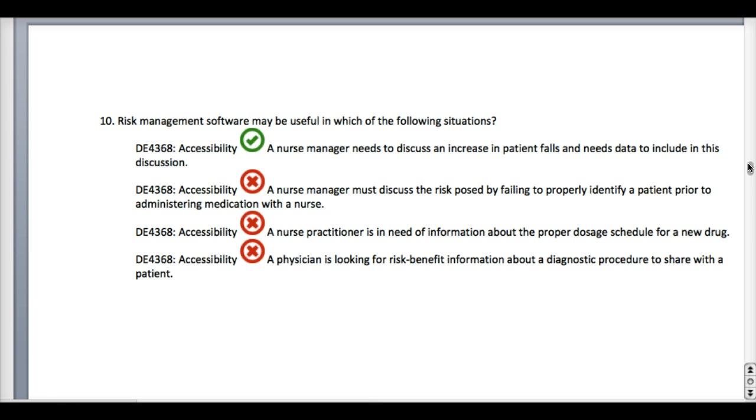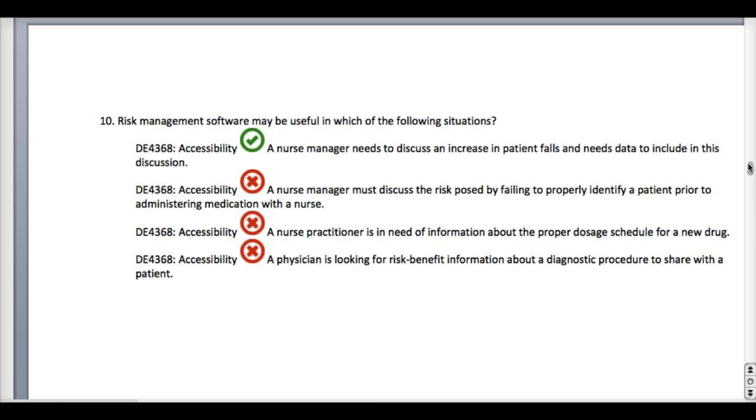All right, so let's look at the answers. A nurse manager needs to discuss an increase in patient falls and needs data to include in this discussion. Well, you can see that there's an increase in patient falls. So they've identified that as a risk factor. It's not just one patient, so let's keep that.